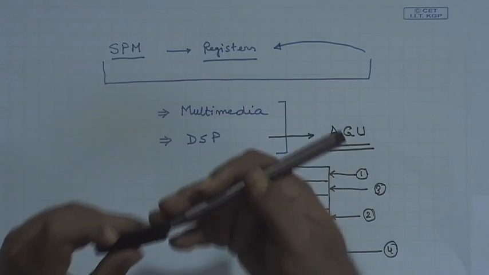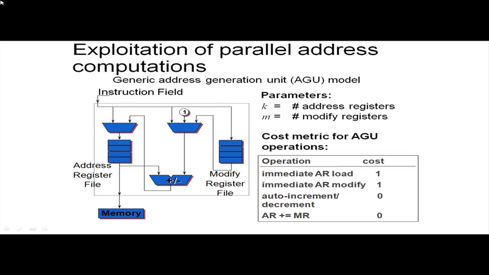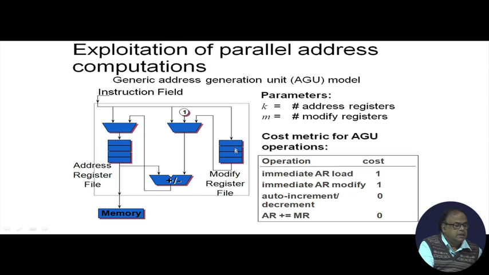If we look at this slide once again, this was a typical DSP architecture, where there are address register files and modified register files. Modified register files means a normal scratch pad, and here I generate the address, and from there I access the memory.